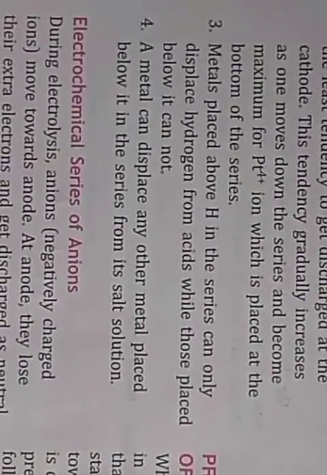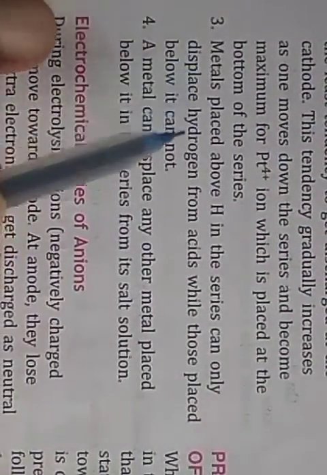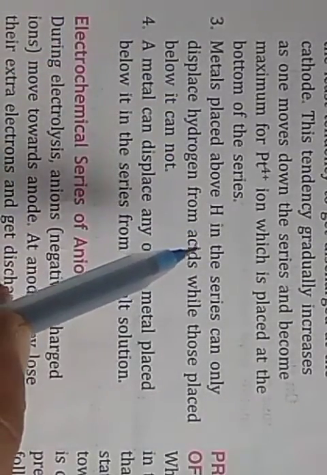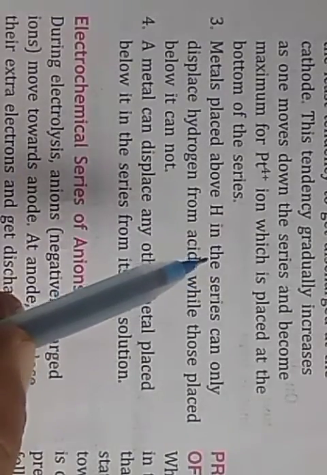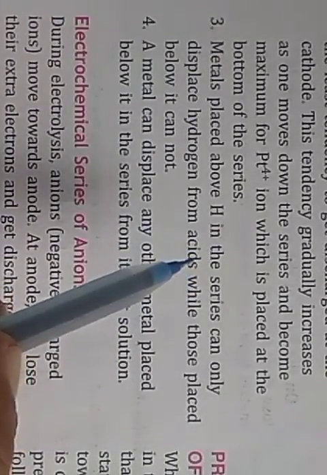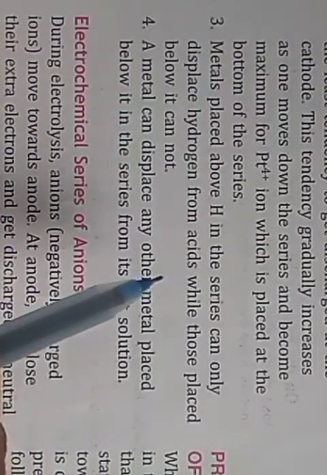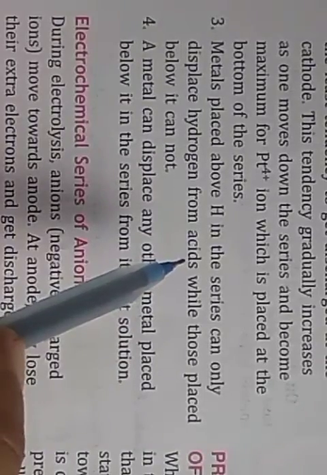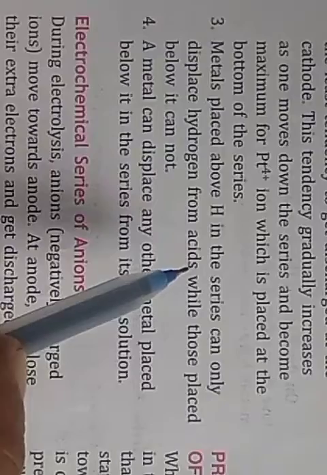Now, the third fact about the electrochemical series: metals placed above hydrogen in this electrochemical series can replace the hydrogen from acids, while those placed below hydrogen in the electrochemical series can't replace the hydrogen from acids.